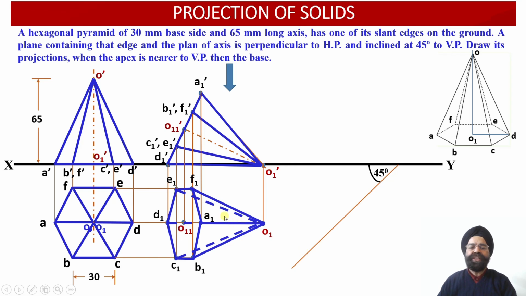Using the principle of transfer of the rectilinear distances, we are going to rotate this plan projection view from the front orientation to another orientation where the apex point will lie here, the axis point will lie here, and point D will lie over here.